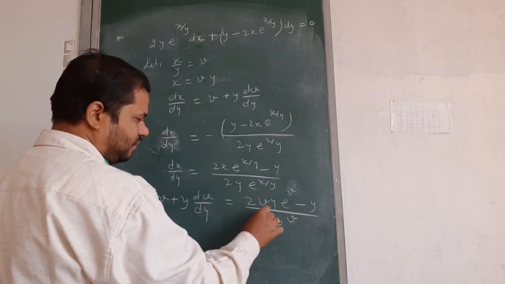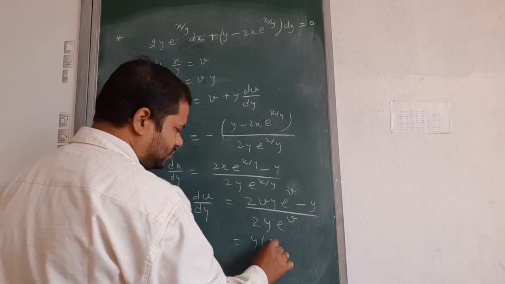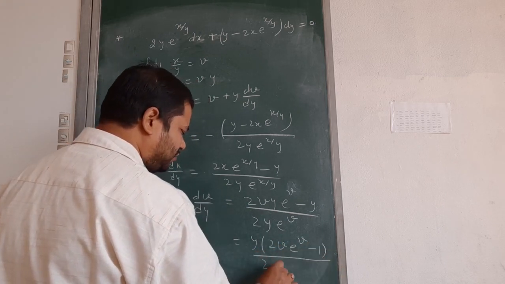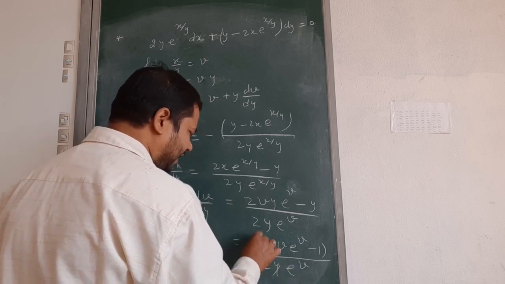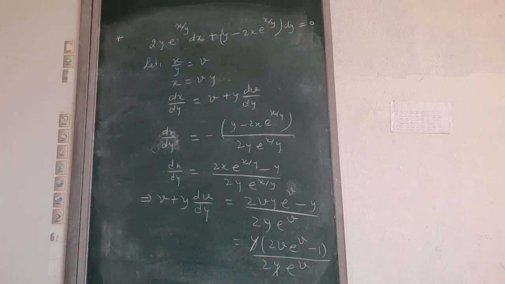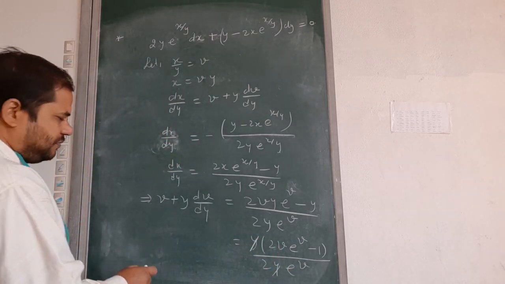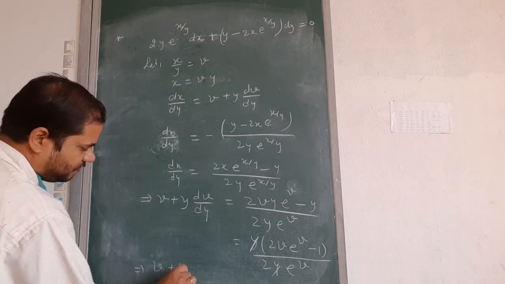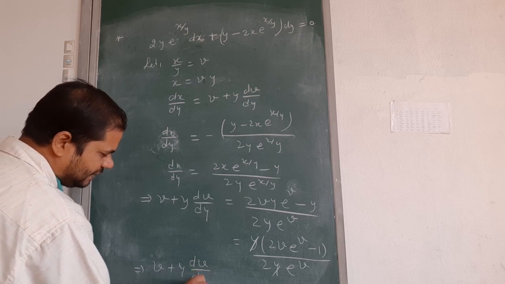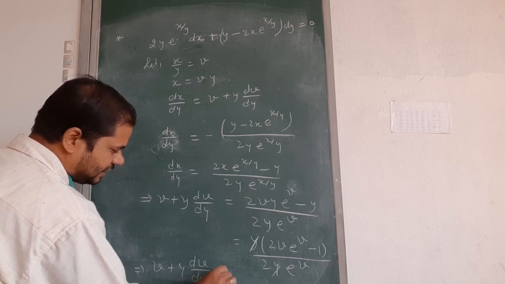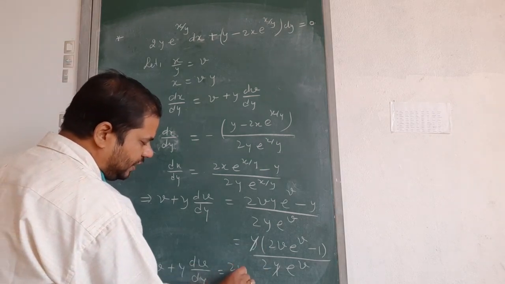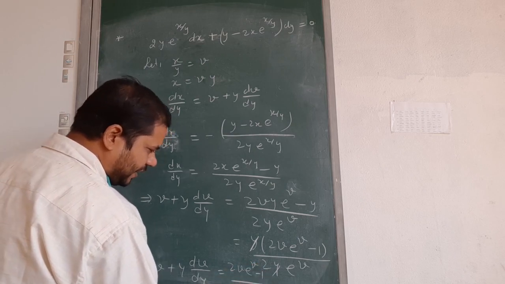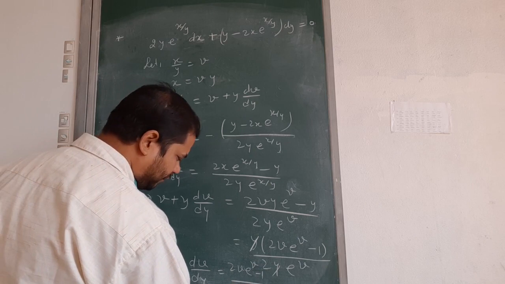Then y is common: 2v e to the power v minus 1 divided by 2y e to the power v. Y cancelled out. So this is v plus y dv upon dy equal to 2v e to the power v minus 1 divided by 2 e to the power v.